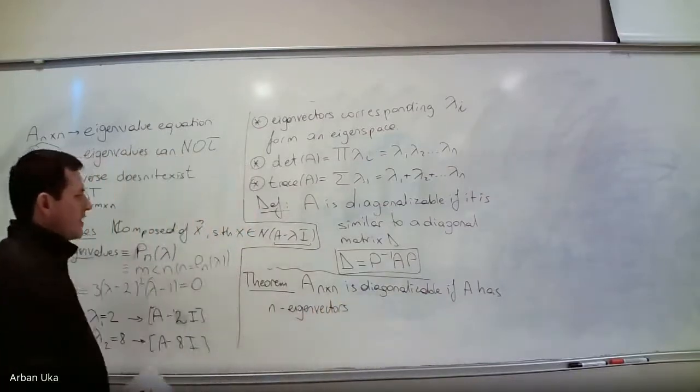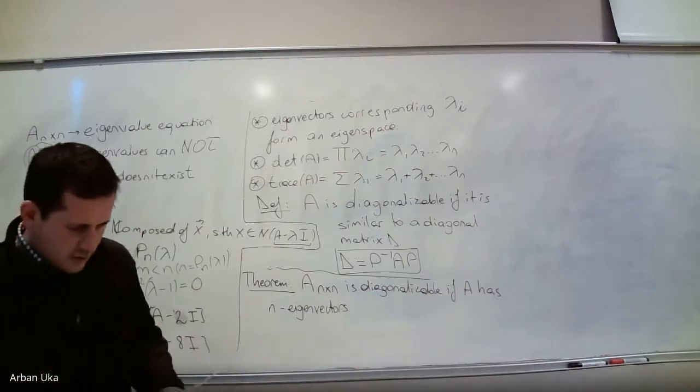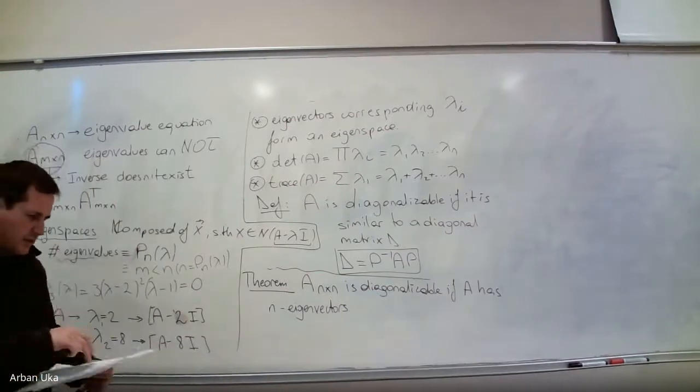So it looks like having n eigenvectors is a very tough constraint. Then we can talk about the geometrical interpretation.